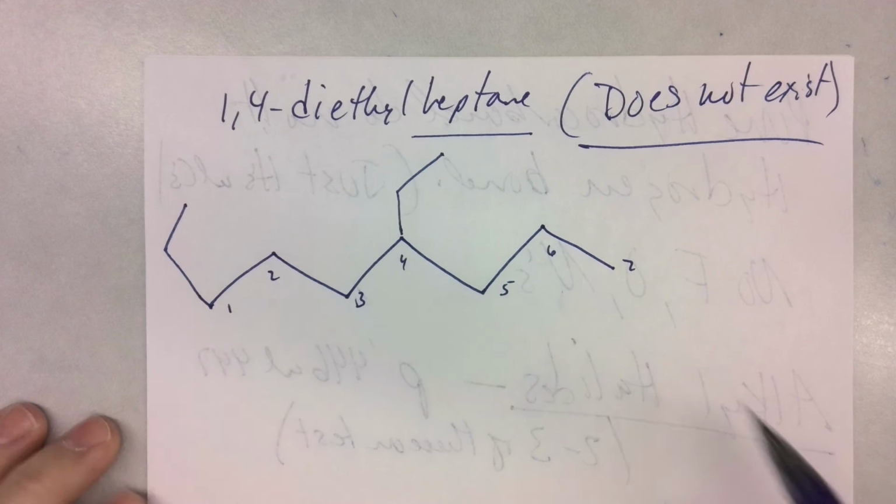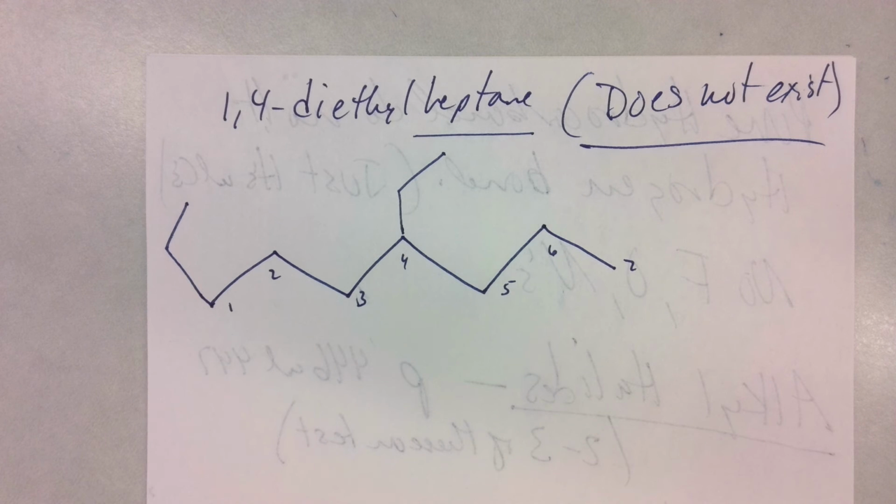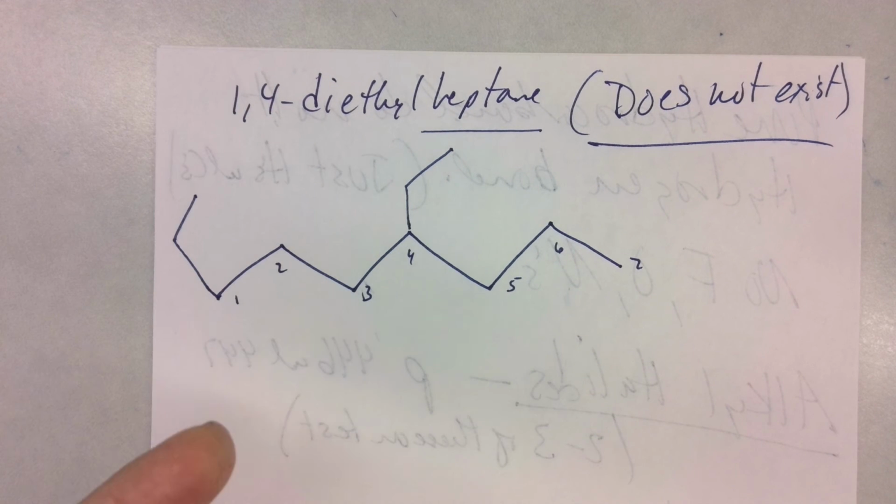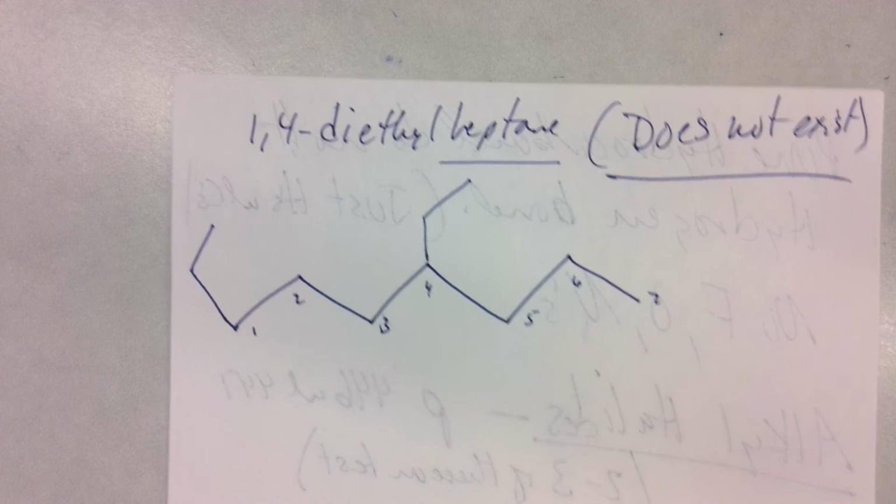They're going to give you something and say, is this a legitimate IUPAC name? And just to look at it, I'm like, yeah, that looks good. But when I draw it, I realize, no, that doesn't work. Okay? So make sure you actually look at them. Okay? Alrighty.